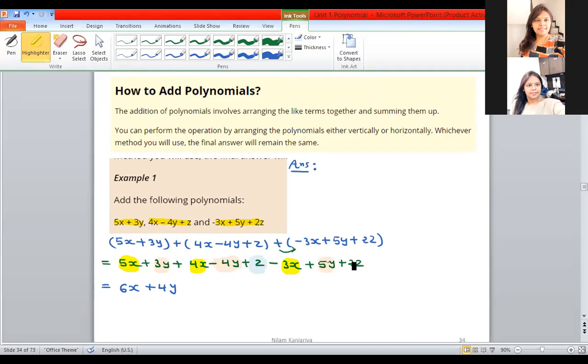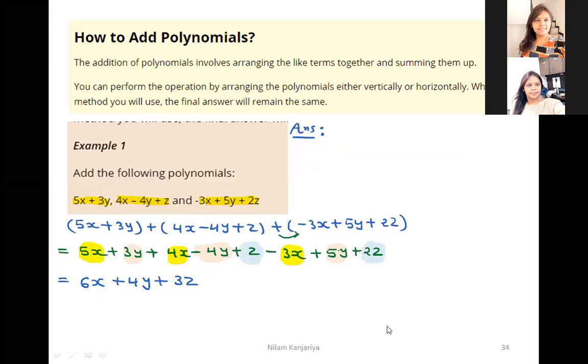Adding 2 plus 1 gives 3z. And this is your addition. Simply we add two or three terms by simple addition. We can add the like terms whose variables are the same. Those terms will be added or subtracted depending on their sign.